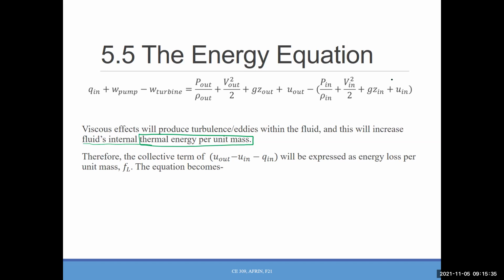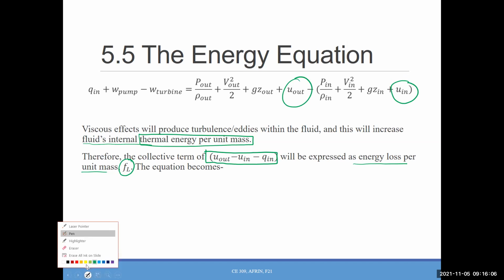At the same time, we already had Q in and Q out in the system. So we can name all of these thermal energy per unit mass terms as energy loss per unit mass, FL, okay? So I will write down the equation again, and this time we will use FL instead of U in, U out. I will rearrange the equation first.